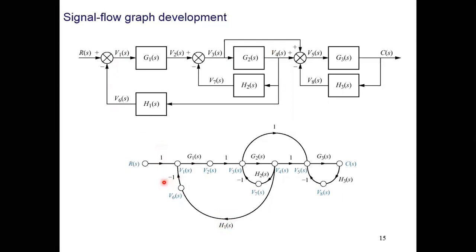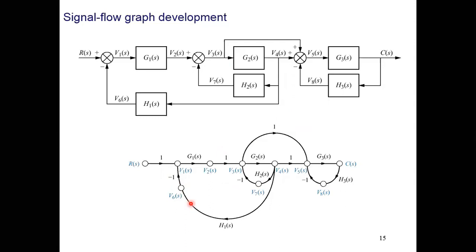So instead of two steps, when you have practice with this, you can write it in one step. Instead of these two branches, you can write one, but for practice purposes, when you do not have much practice with signal flow graphs, you should write in two steps and then convert it into one.